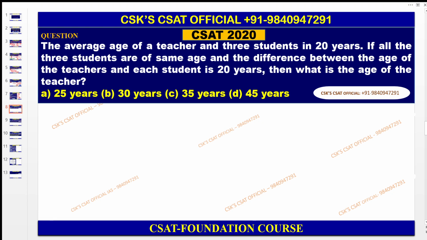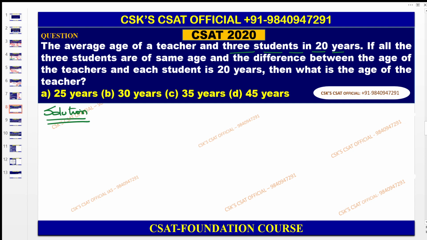Here in this question, the average age of a teacher and 3 students is 20 years. 3 students, right? One student, suppose X, means 3X. You have to take that one. So that is the logic. You have to be very careful here.